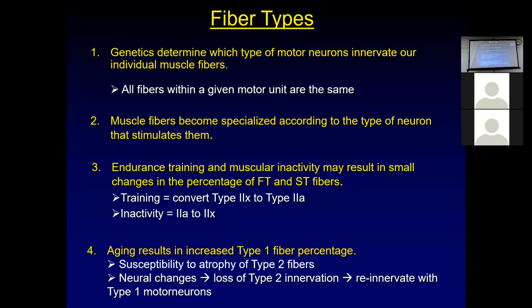They're very, very metabolically inefficient, okay? So if you do any kind of activity, you're going to drive your 2Xs to be 2As, okay? So it's not changing your actual fiber type percentage, it's just changing the flavor of your type 2s, okay? The converse happens when you sit on your butt. When you're inactive, your As become Xs. So it exacerbates this idea.